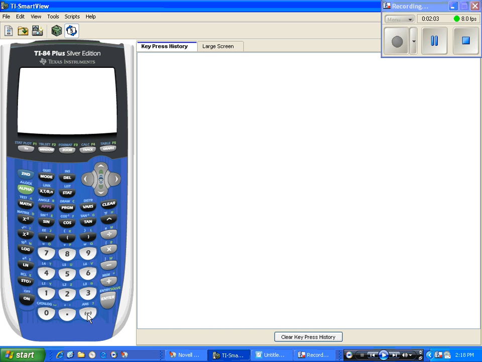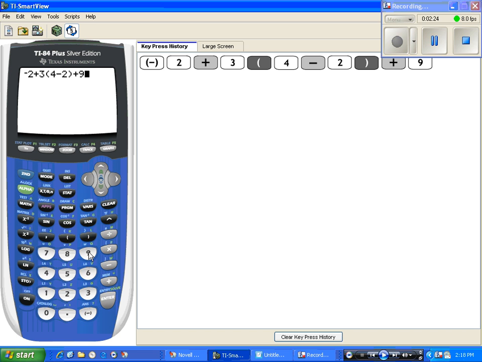Now I'm going to press the negative key. Notice this is different from the subtract key. So negative 2 plus 3 paren 4, and then the subtract key, not the negative key, 2 close paren plus 9.